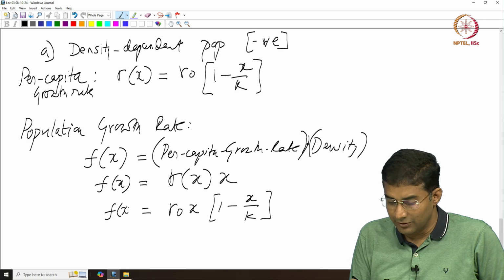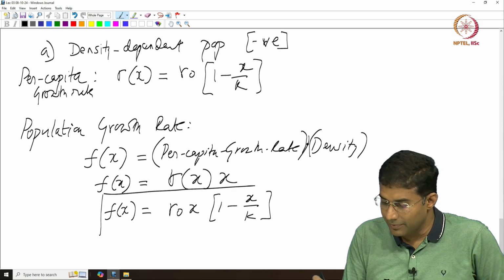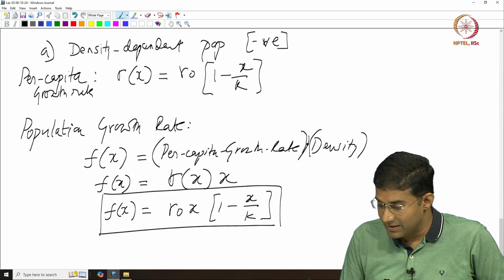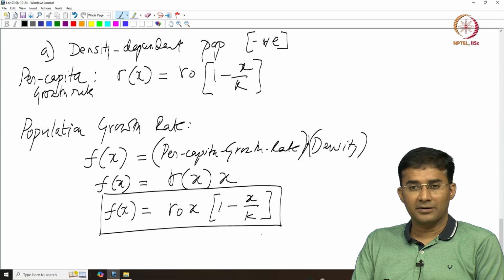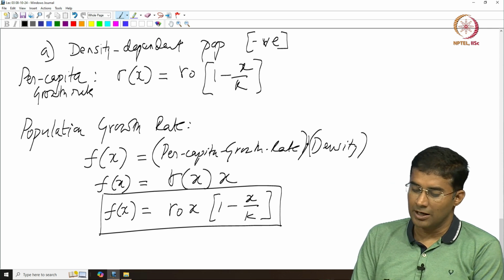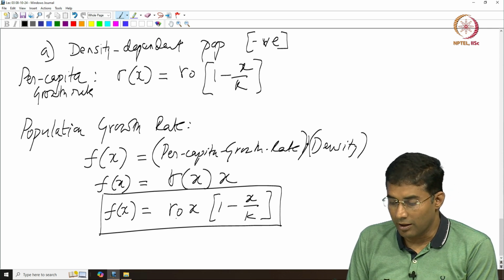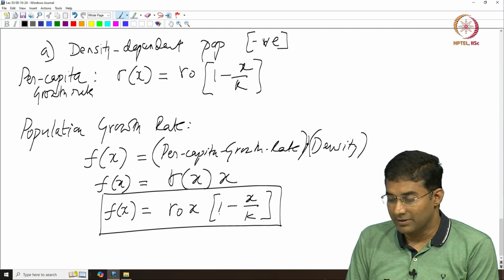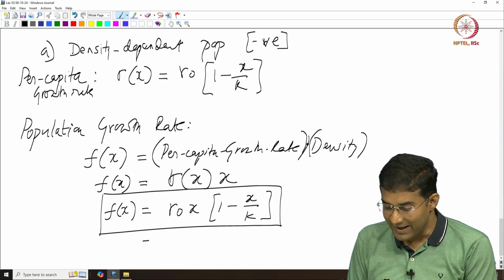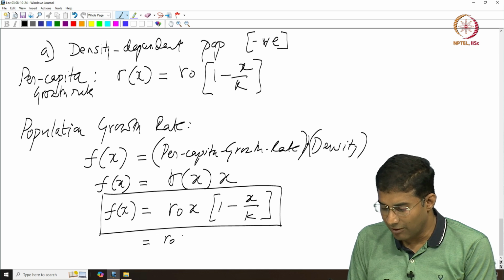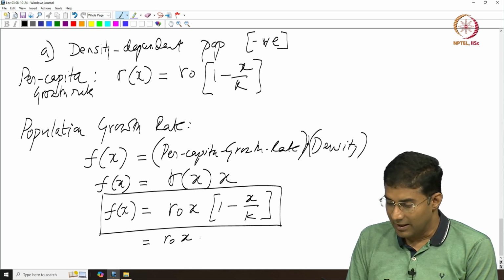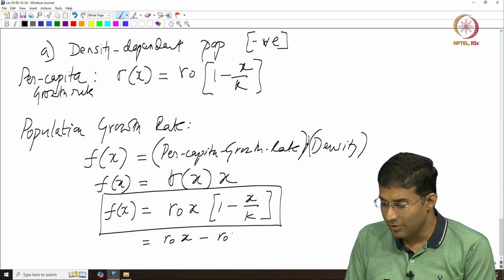So, the population growth rate for the simple negative density dependent equation we considered actually is now f of x is equal to r 0 times x times 1 minus x over k. Okay. Now, if I expand this, the first term will be r 0 times x and the second term will be r 0 x square divided by k.